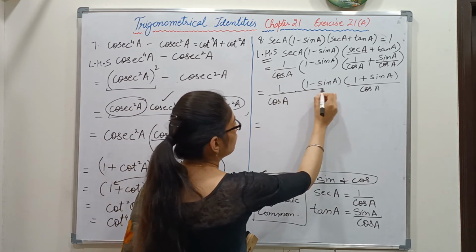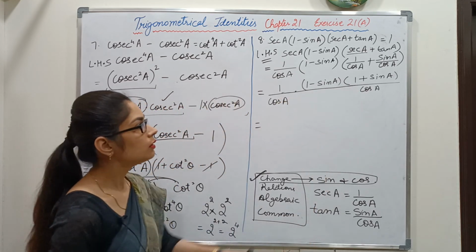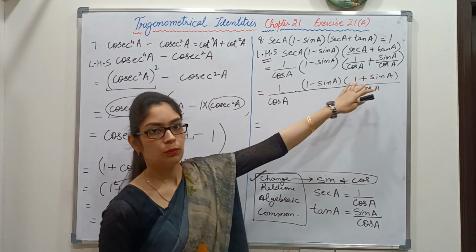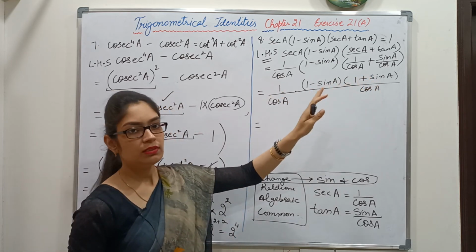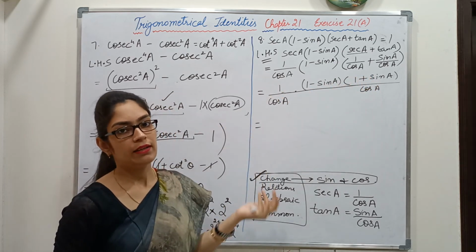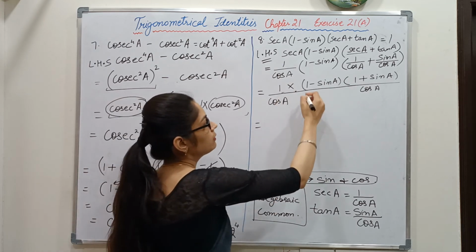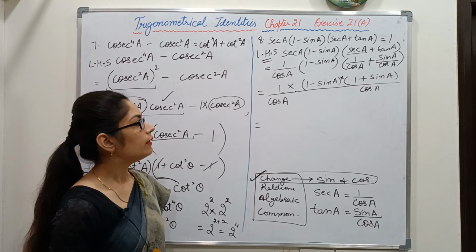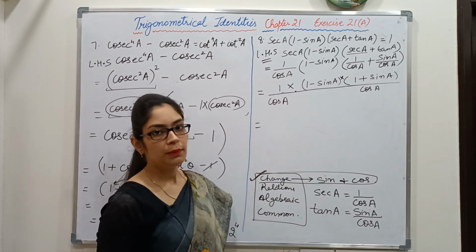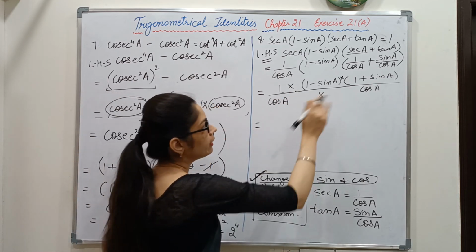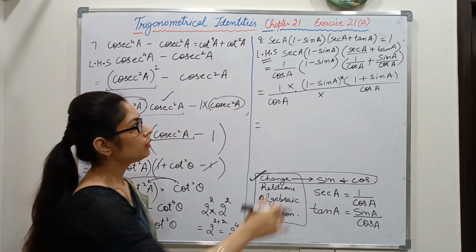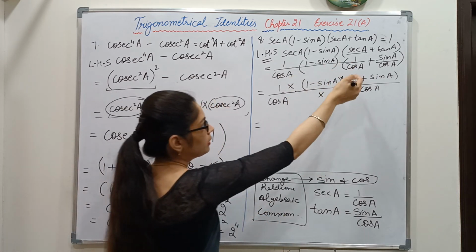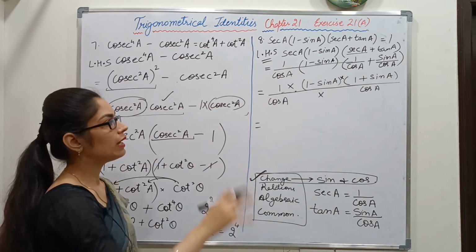Now you can consider all these things as the numerator, and each of these expressions is getting multiplied, 1 with this and this with that. In the denominator also, they are getting multiplied, because no sign is there.